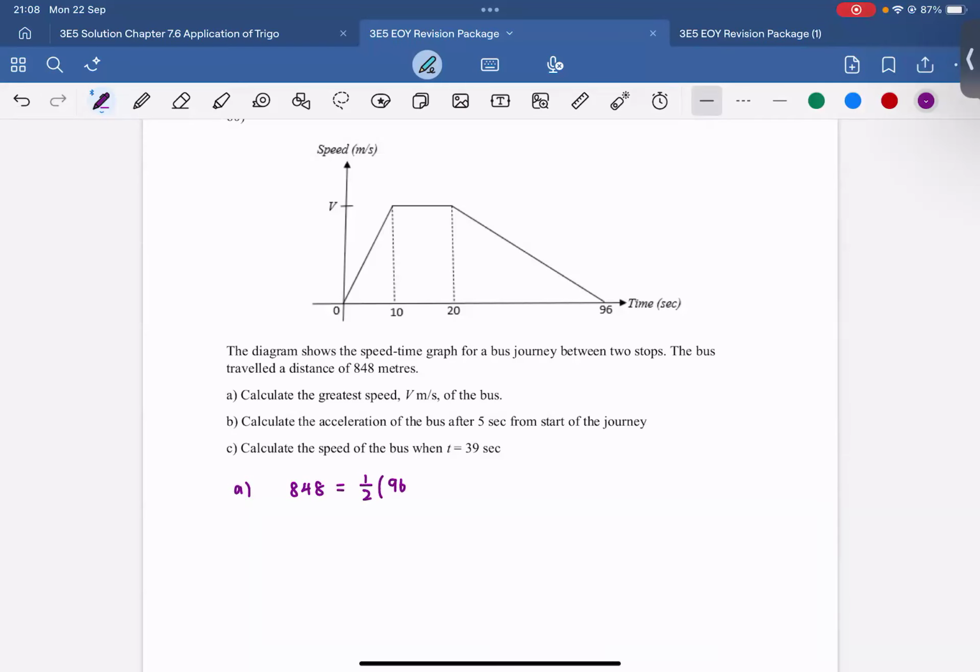So 96, sum of parallel sides plus 10, times V. Okay, so this is just 106.53 V. So V equals 16.